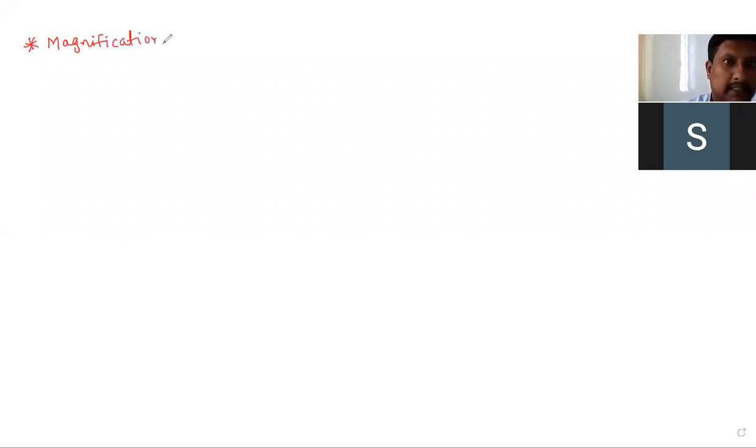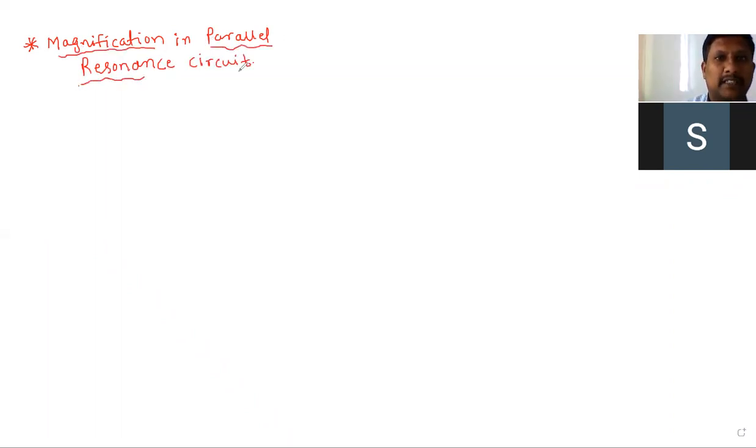Magnification in parallel resonance circuit. As usual, magnification means another word, amplification. It is the ratio of output parameter divided by input parameter.